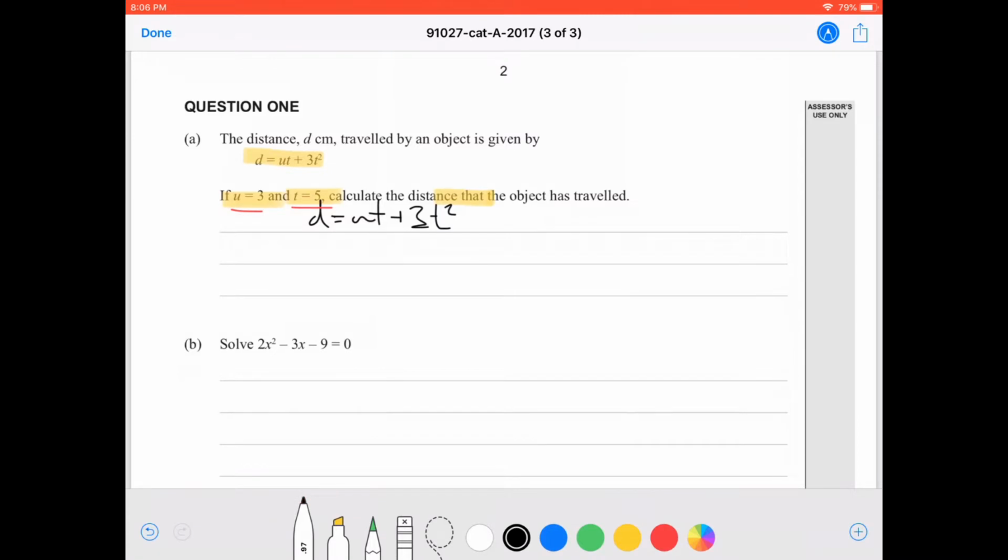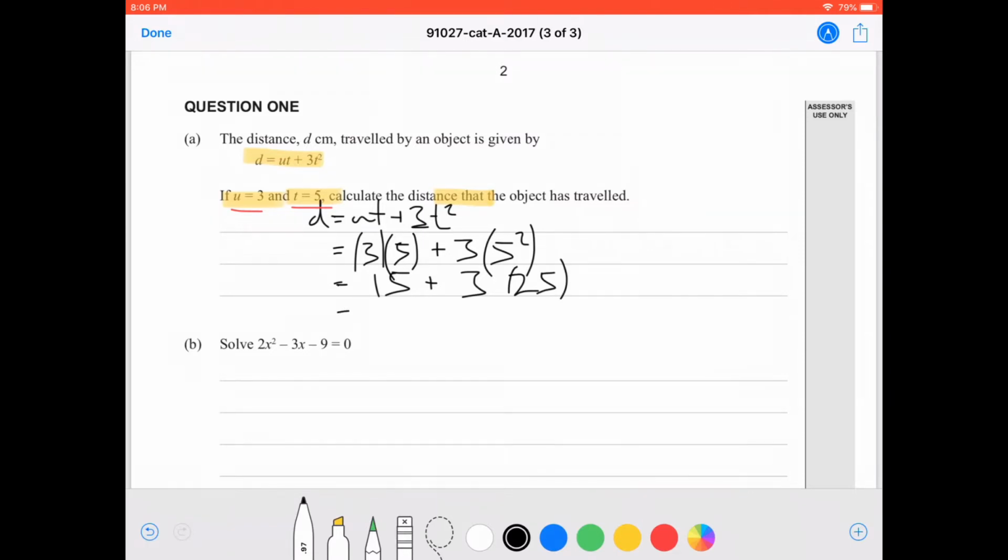So d equals u is 3, t is 5, and plus 3, 5 squared. Okay, so 3 times 5 is 15, and we've got plus 3, now 5 squared is 25.